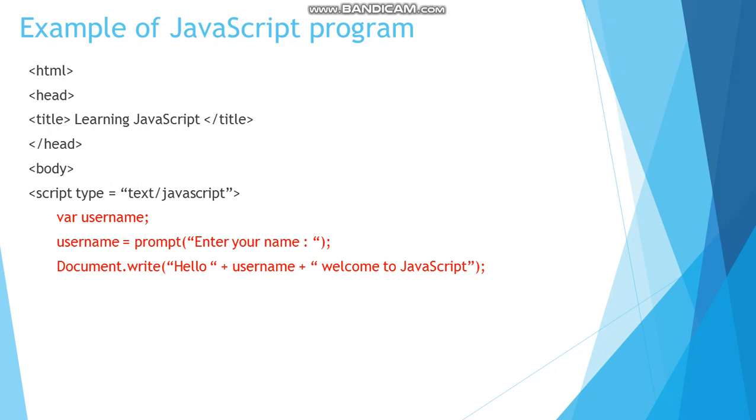Write is a function or method, you can say, that is used to print something in the document. So it will print hello plus username. Username is a variable, and suppose we have given Ultravision Academy as its value, then it will print hello Ultravision Academy, welcome to JavaScript. So here it takes input from the user and then stores it in a variable, and at last it prints the statement. So /script.